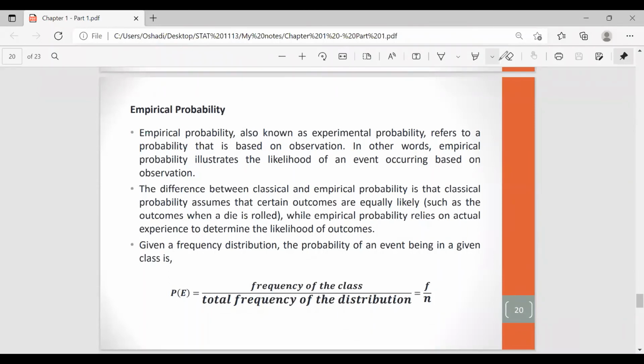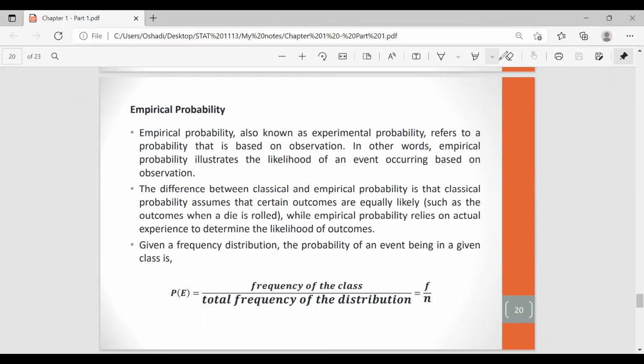We do the experiment, and through observation of that experiment, we define the probability of an event occurring. The equation is somewhat the same. Given a frequency distribution, the probability of an event being in a given class is the frequency of the class divided by the total frequency of the distribution.